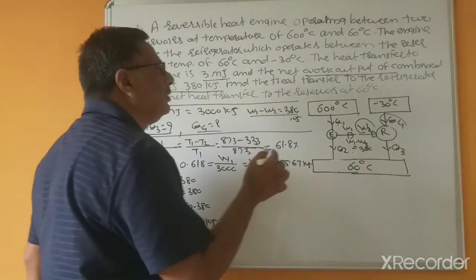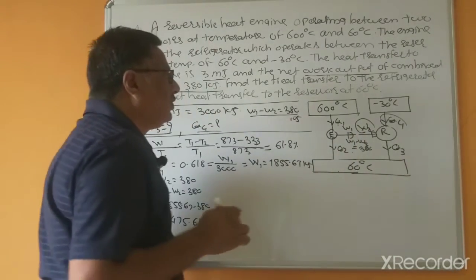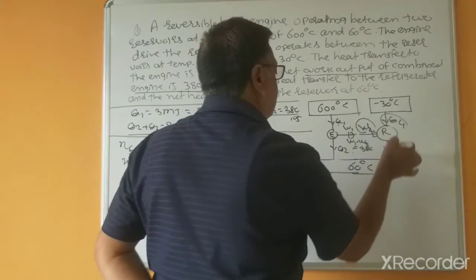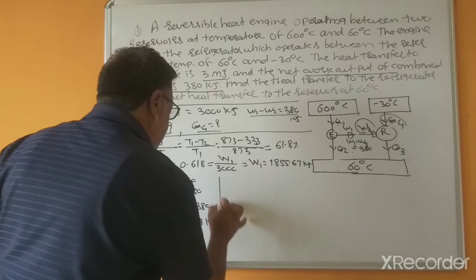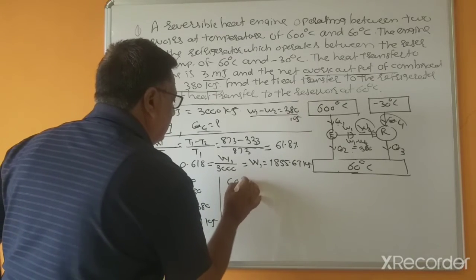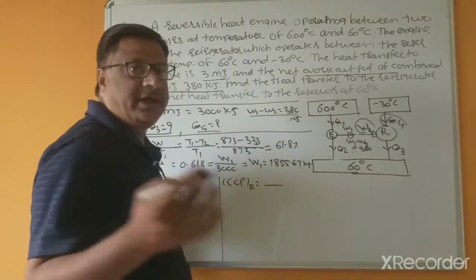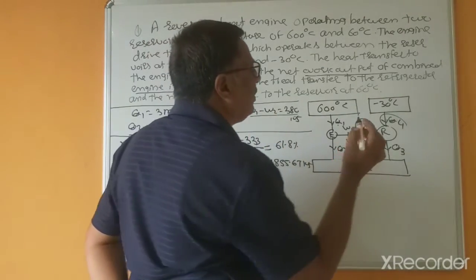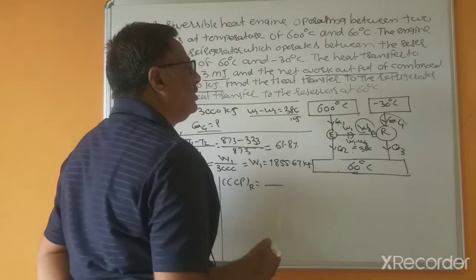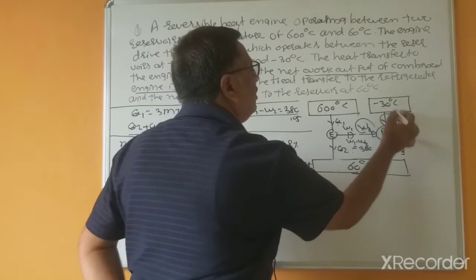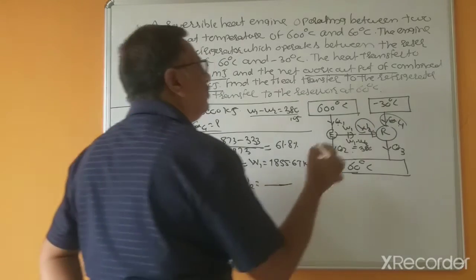Now the unknowns are Q4 and Q3. For the COP of the refrigerator, what is desired is Q4, which is related to the temperature T4.